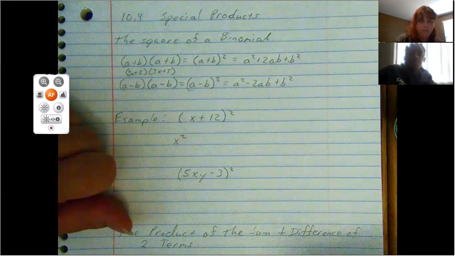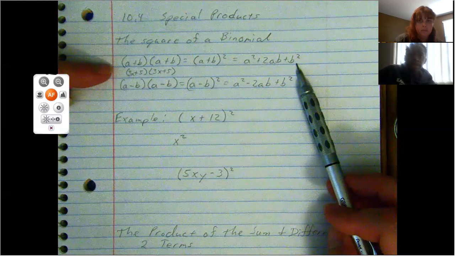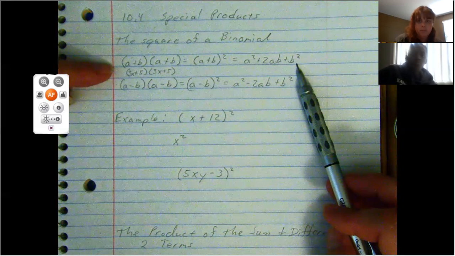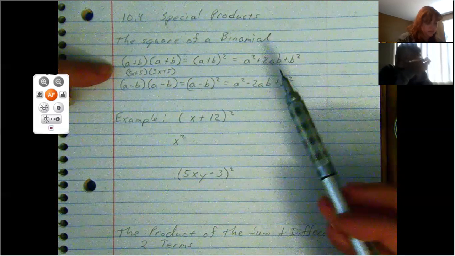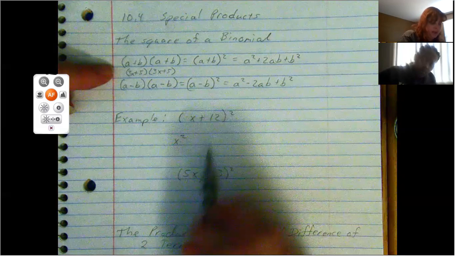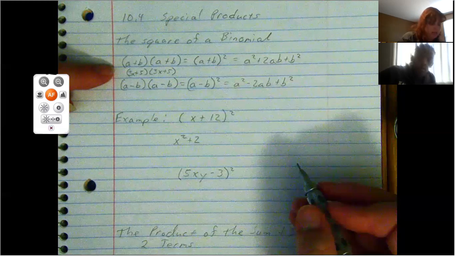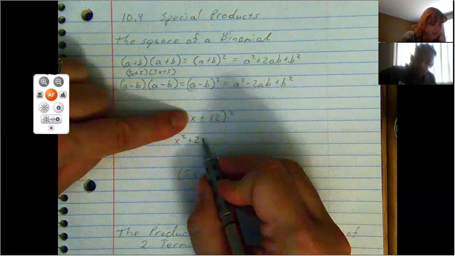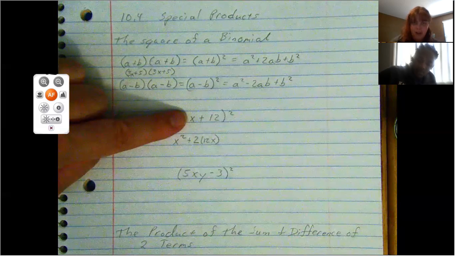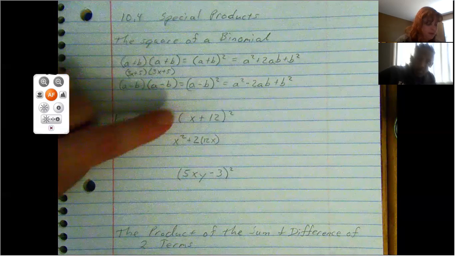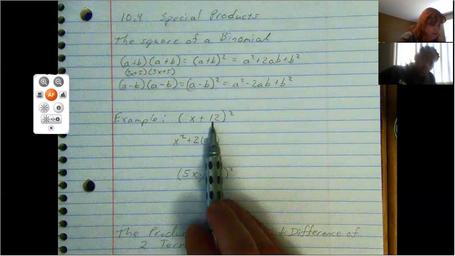What do we do up here? It's going to be plus 2 times whatever this product is, which is 12x. And we're going to simplify this. And then my third term is just going to be this 12 squared.